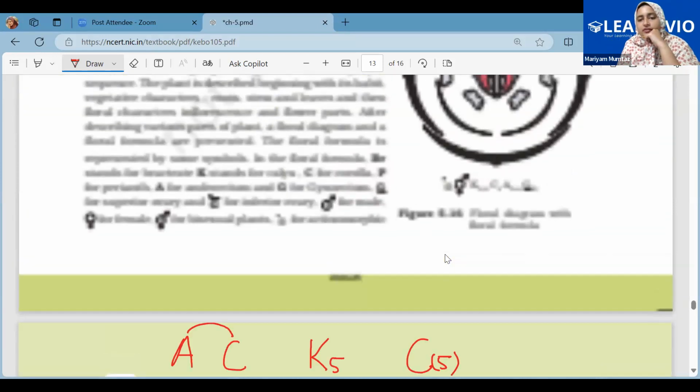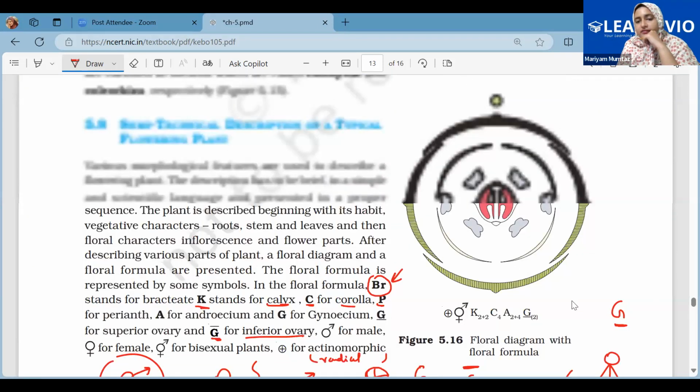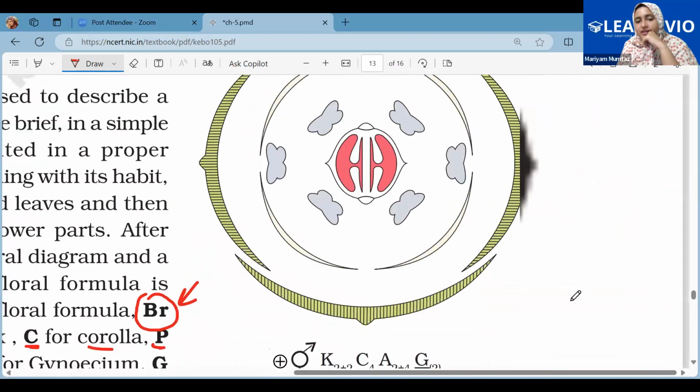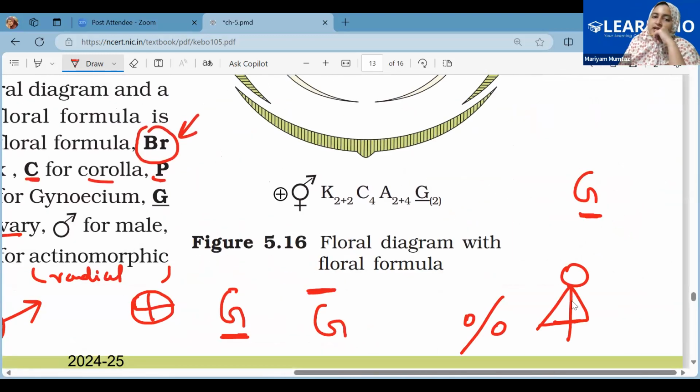Now we'll see the floral formula. If you look at this particular floral formula of a family here, tell me, is it actinomorphic or zygomorphic? We just discussed it. Yeah, actinomorphic. Is it bisexual or unisexual? Bisexual. Very good, bisexual.